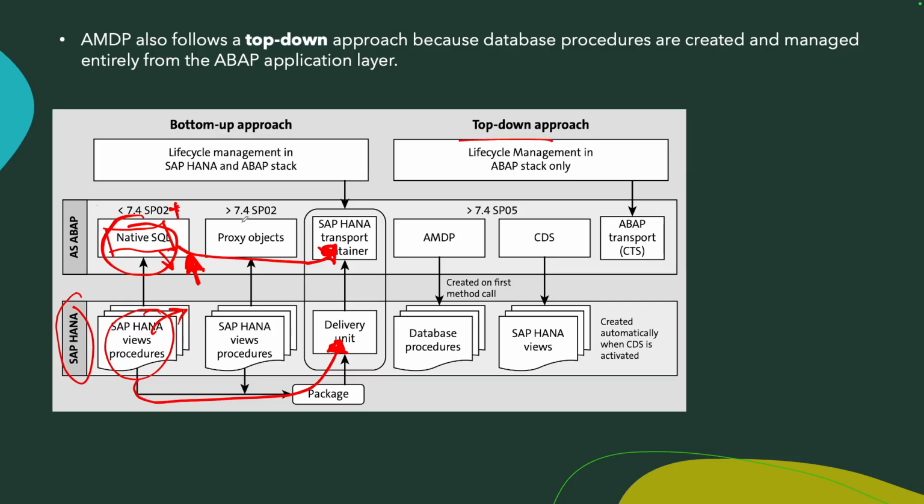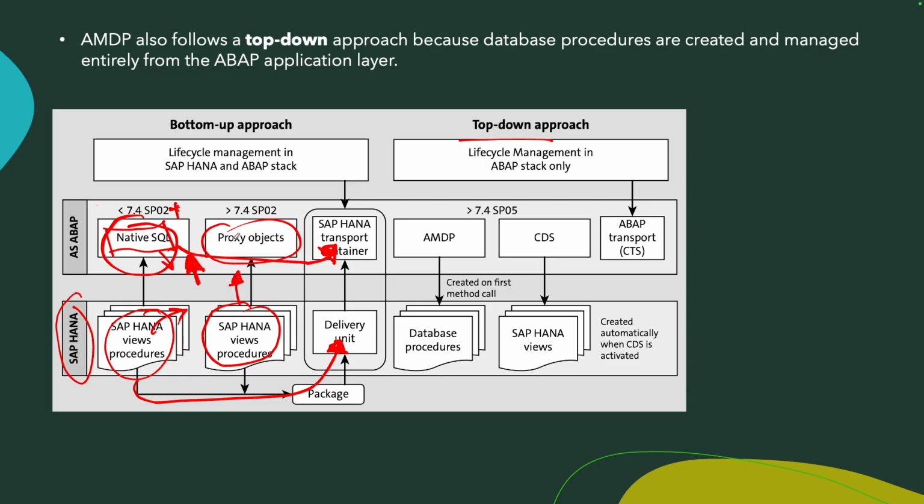But before discussing this top-down approach, we will see this version where we can use proxy objects. So what are these proxy objects? In the same way, SAP HANA views and procedures we can create from the database layer, and inside our SAP application server we can create proxy objects.